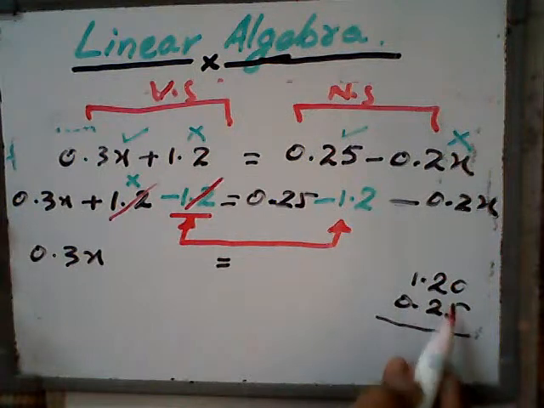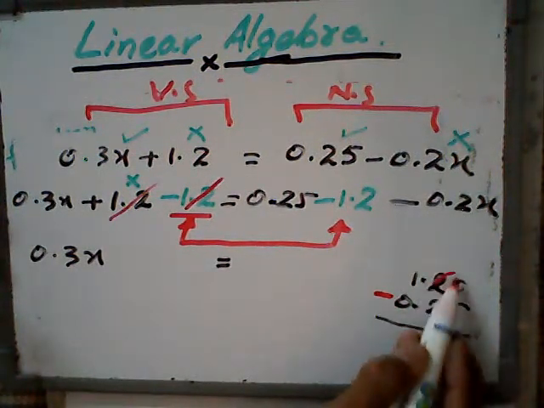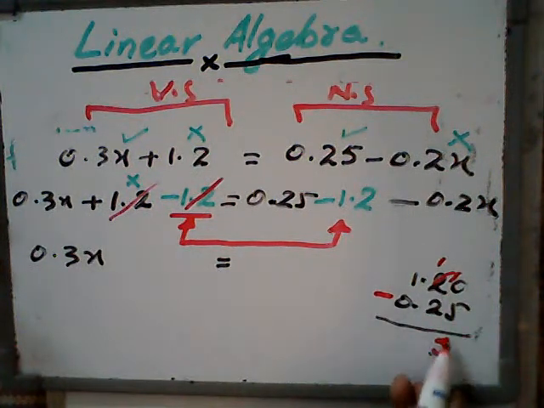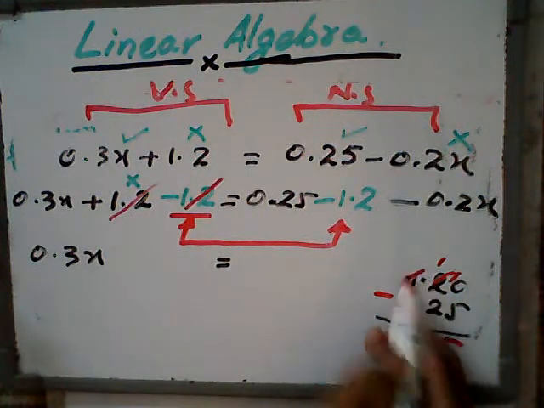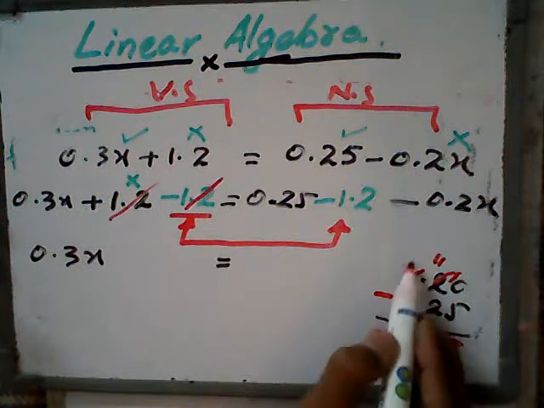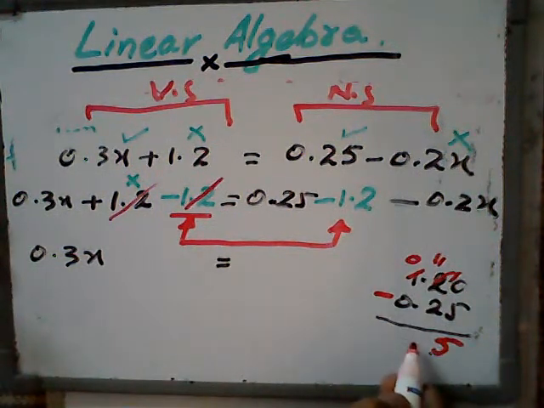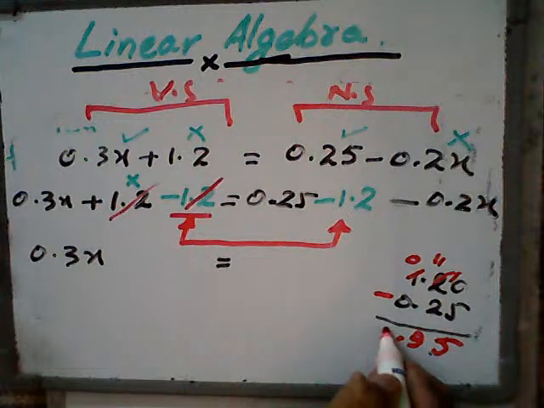We can't subtract 5 from 0, so we take a carry. 10 minus 5 is 5, and 1 minus 2 is not possible, so we take a carry here, it becomes 11 and this becomes 0, and 11 minus 2 is 9, with the decimal point in the same position, and 0 minus 0 is 0.